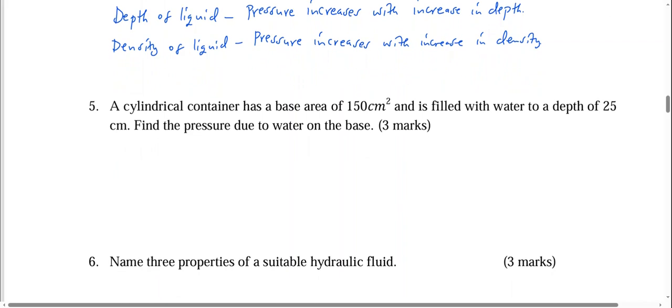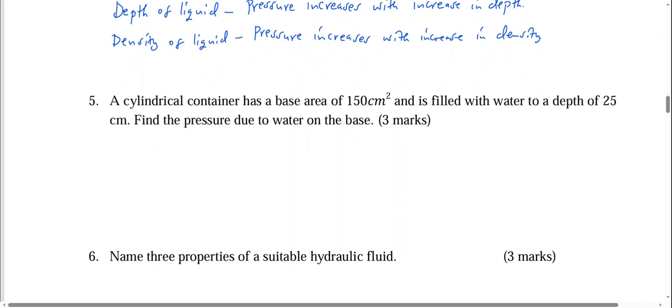A cylindrical container has a base area of 150 square centimeters and is filled with water to a depth of 25 centimeters. Find the pressure due to water on the base. Therefore, you start by the formula and identify all the quantities which you've been given.